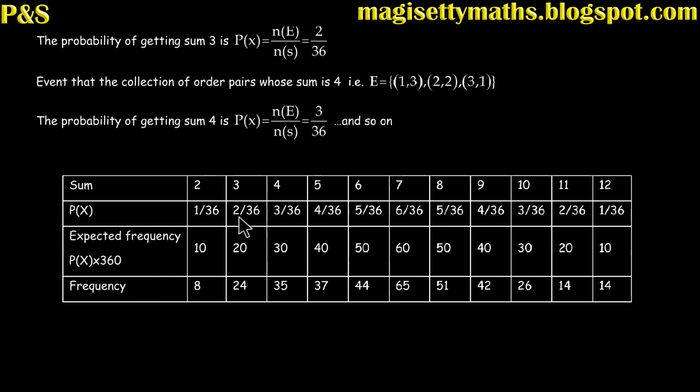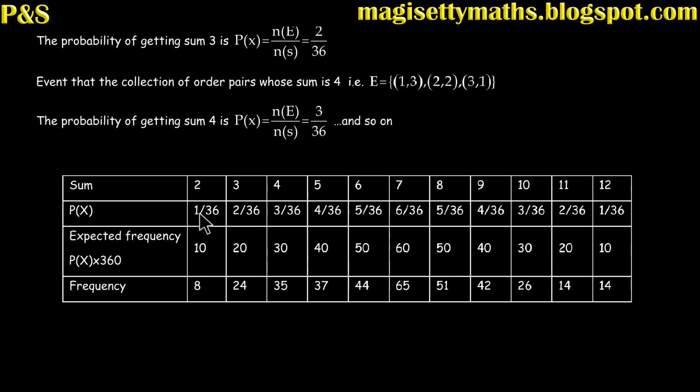Similarly, for 360 trials, getting sum 3 is 2 by 36 into 360, that gives 20. Getting sum 4, the probability is 3 by 36 into 360, that gives 30, and so on. We get 40, 50, 60, 50, 40, 30, 20, 10. So these are the expected frequencies.